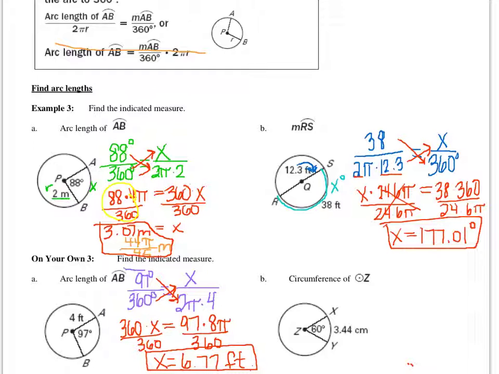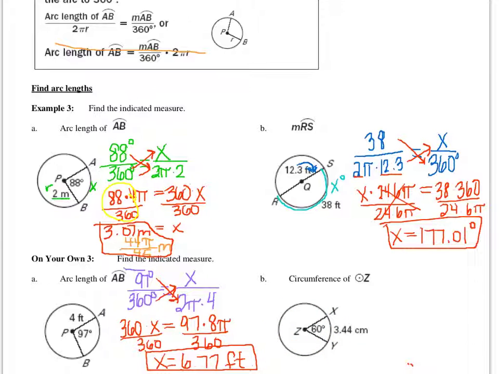The next one right here, we want to find the circumference of circle Z. So we want to find all the way around the circle, and we know this little arc length right here is 3.44 centimeters. We know this measure is 60 degrees, so the arc measure is 60 degrees out of the whole, which is 360.